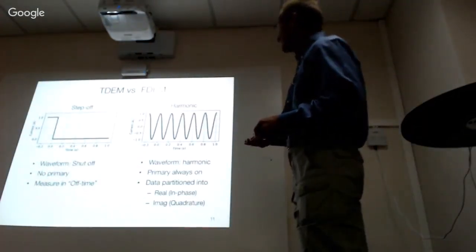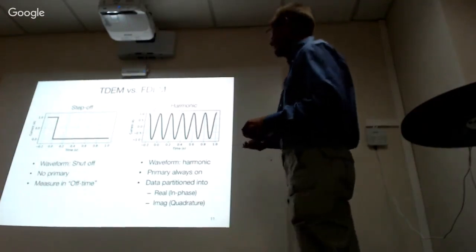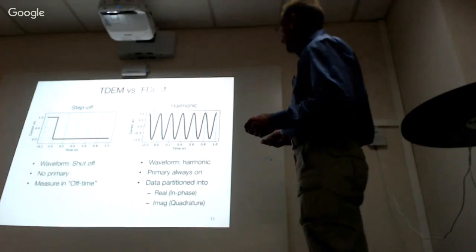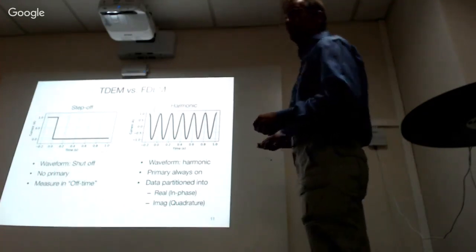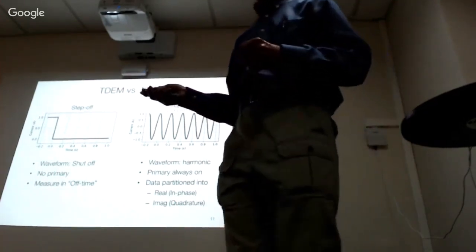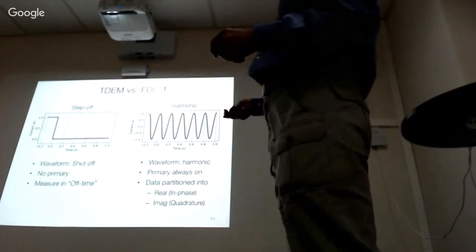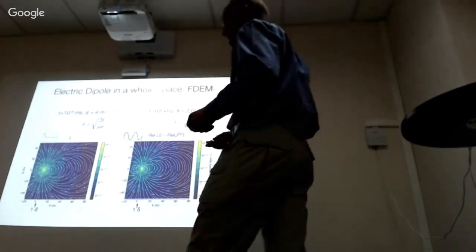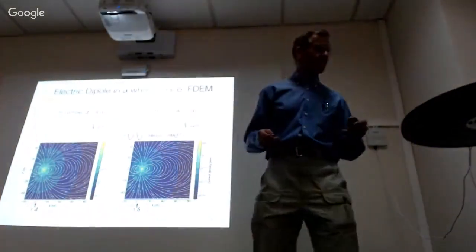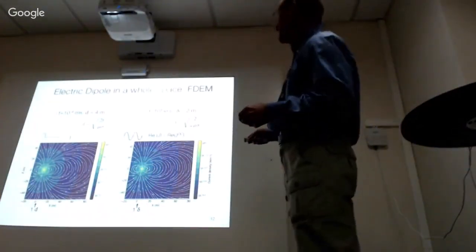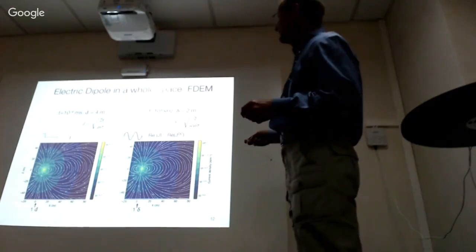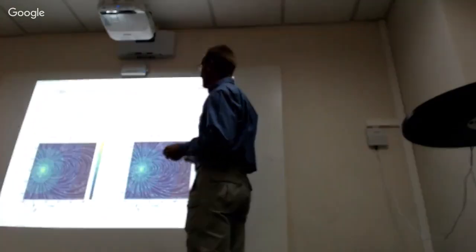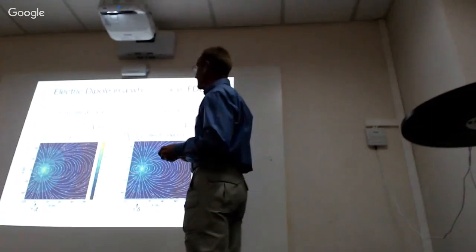Frequency versus time, we'd expect more or less the same thing. The only difference, of course, is that for a frequency domain system, the primary field is always on. So this example is nice. We're looking at the time domain currents here at 10 to the minus 4 seconds.